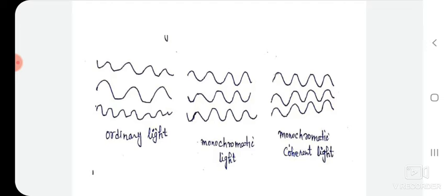If that source consists of a number of wavelengths, it is ordinary light. If that source consists of monochromatic light only, meaning a single wavelength but the waves are not in phase. But if that source is monochromatic as well as coherent, it means they are in phase as well as the source has a single wavelength. This is the main difference between ordinary light, monochromatic light, and monochromatic plus coherent light.